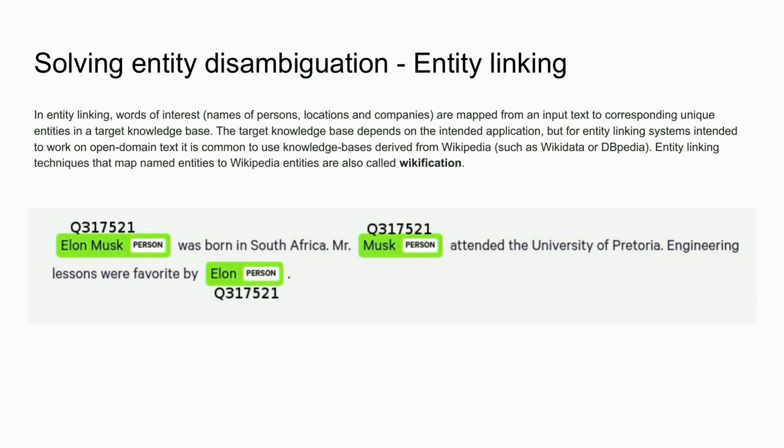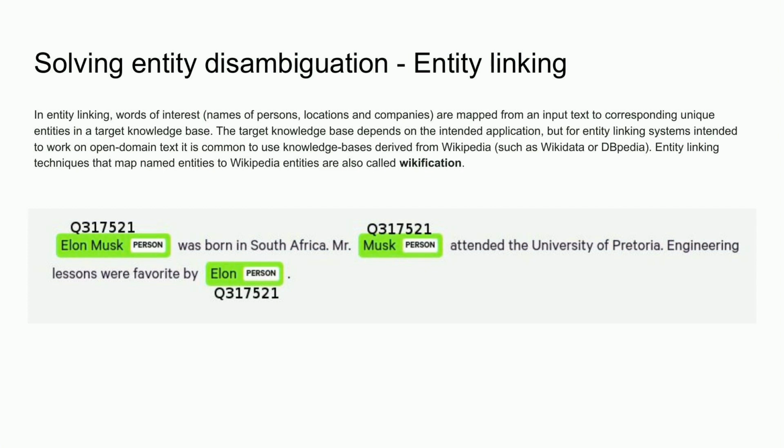So ideally, the result would be that even though we have three different records of text for Elon Musk, they would all link to the same entity on Wikipedia, and we could use that Wikipedia ID as the identifier for nodes in our knowledge graph, and we would end up with a single node. This process is so common that linking entities to Wikipedia is actually called wikification.